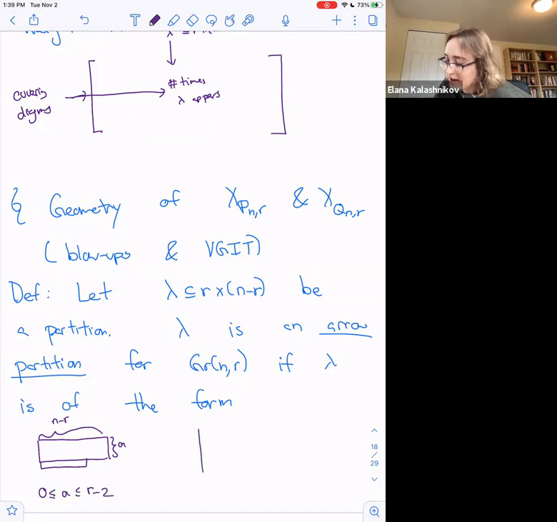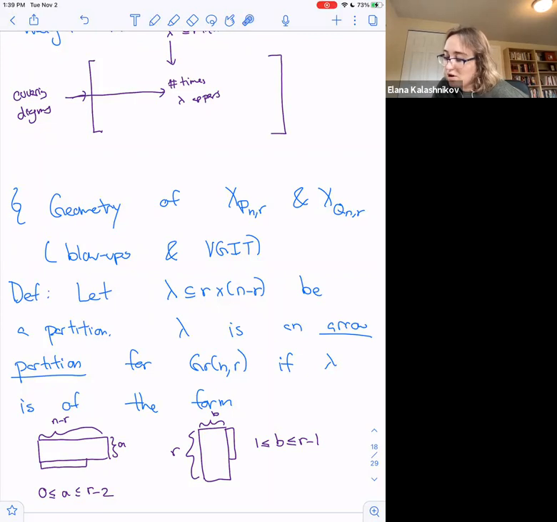Alternatively, it could look like the transpose of this. So a maximally tall rectangle. So it's going to be r tall, and let's say b wide, together with a partial column now. And here b ranges between 1 and r minus 1.